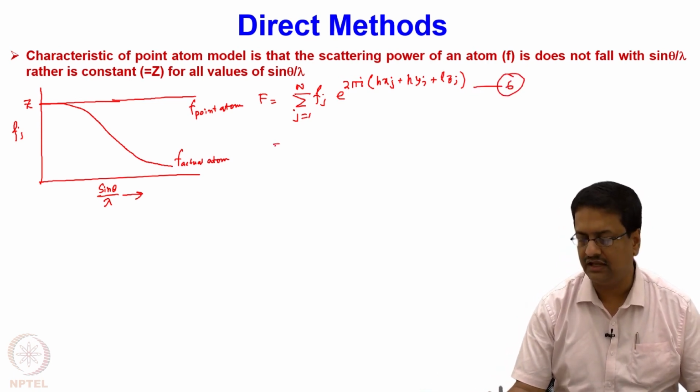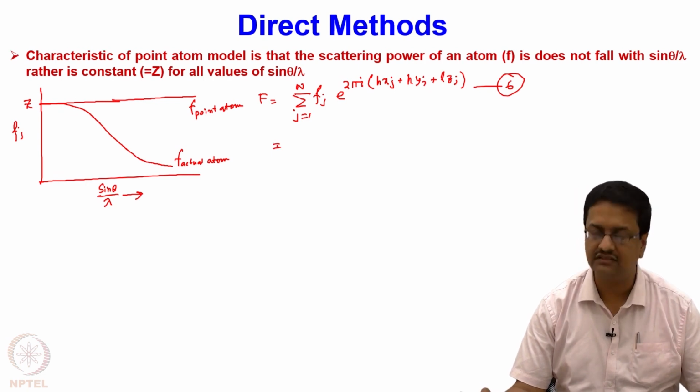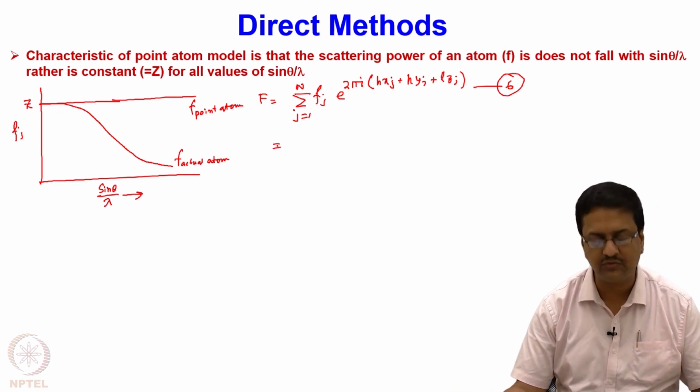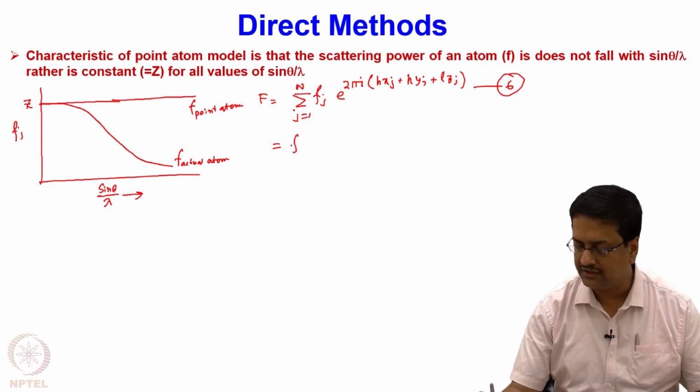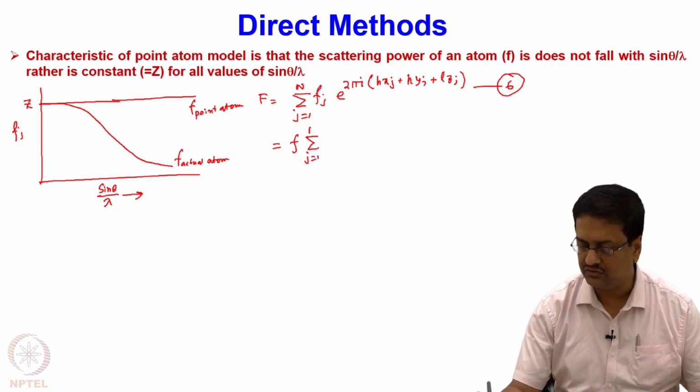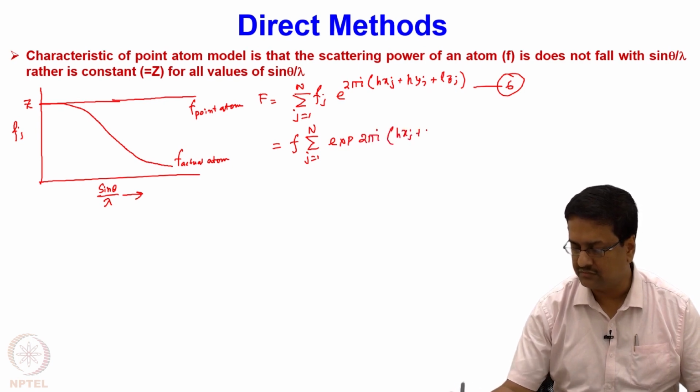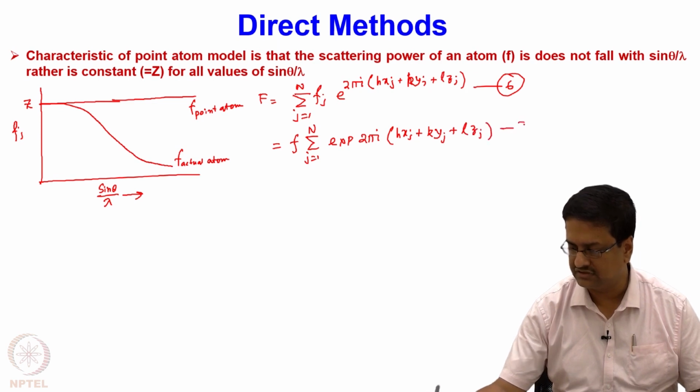And then if we assume that the structure consists of only one type of atom, then the scattering factor f can be taken out of the summation and we can rewrite it as the sum over j equal to 1 to n of e to the power 2 pi i (hxj plus kyj plus lzj) as equation number 7.